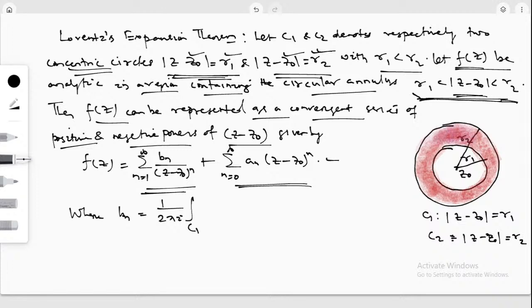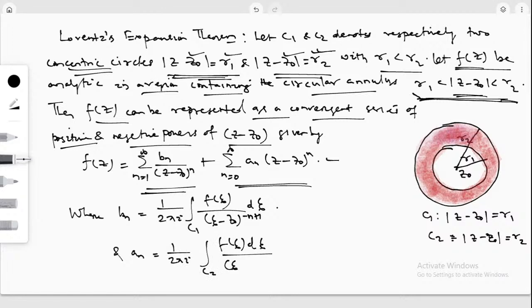So bn is 1 by 2 pi i integration over C1 of f of zeta divided by zeta minus z naught to the power minus n plus 1, d zeta, and an is 1 by 2 pi i integration over C2 of f of zeta d zeta divided by zeta minus z naught to the power n plus 1.